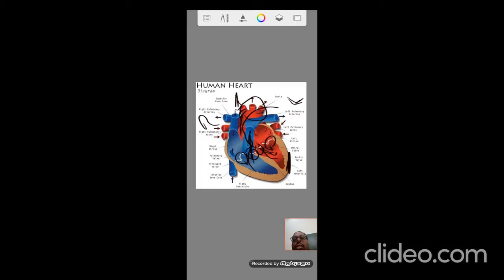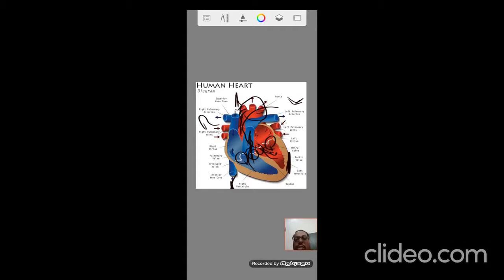Vena cava means a large vessel, and this side it is brought by the inferior vena cava. That means the blood from the head part is brought by the superior vena cava, and deoxygenated blood from the lower part of the body is brought by the inferior vena cava. This is the basic structure of a human heart.